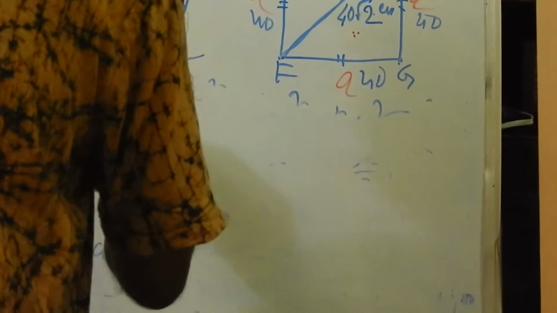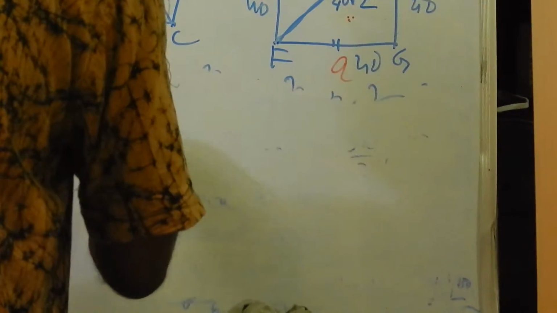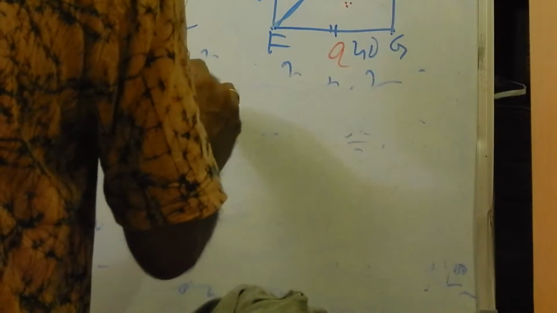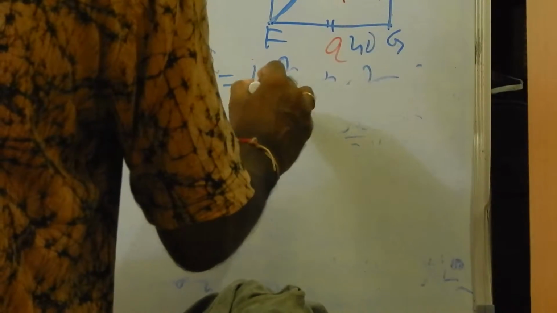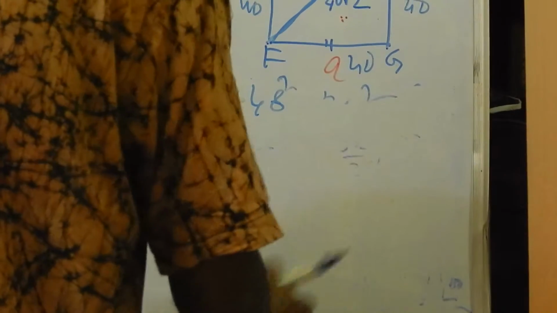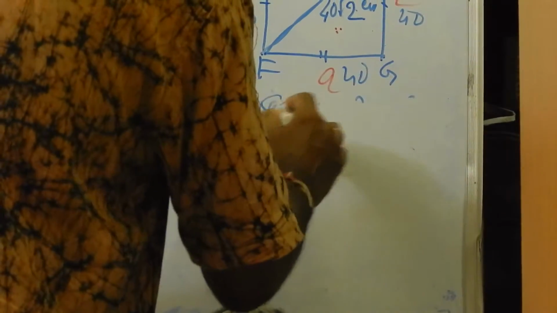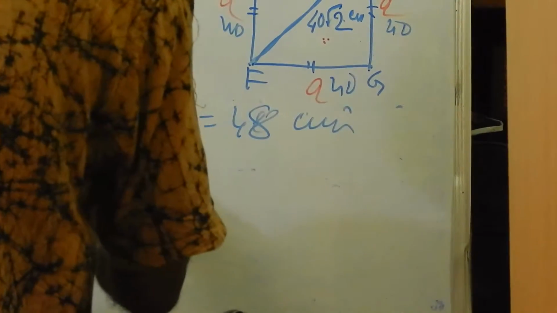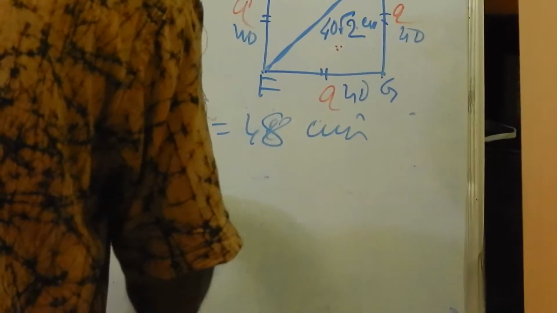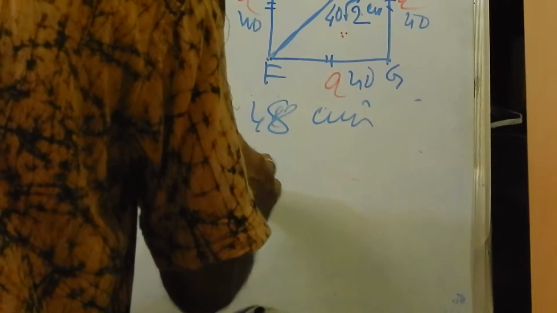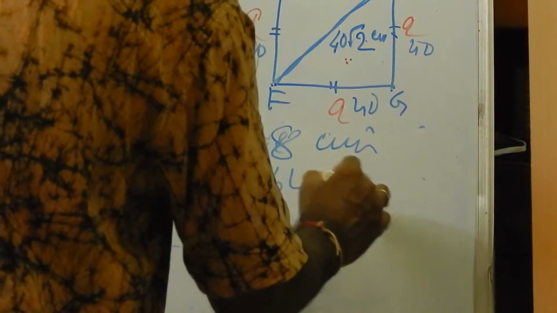So BD equal to 3 into 16 because the value of x was 16, 48 centimeter, and AC equal to 4x, 64 centimeter.